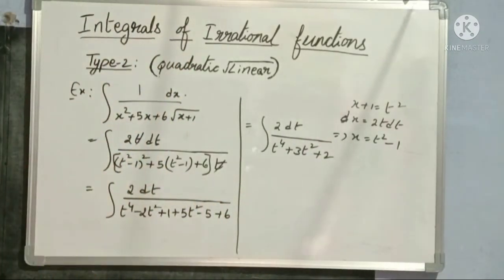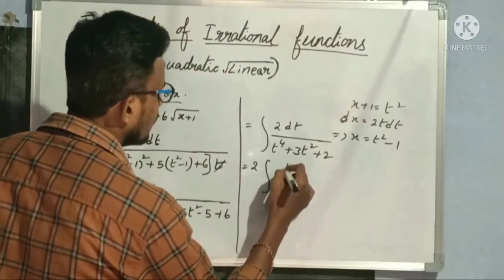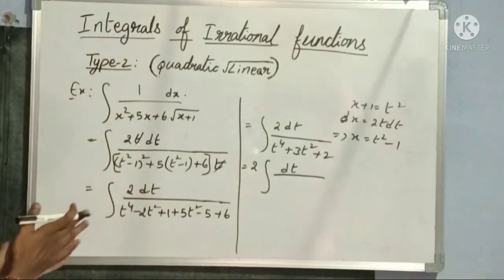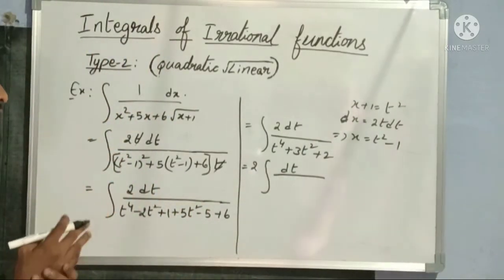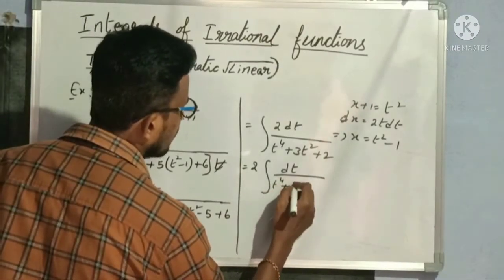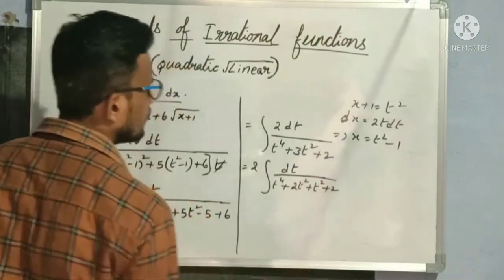Let us take 2 outside: integral dt by t power 4 plus 3t square plus 2. We have to make it into factors. I can write it as t power 4 plus 2t square plus t square plus 2.